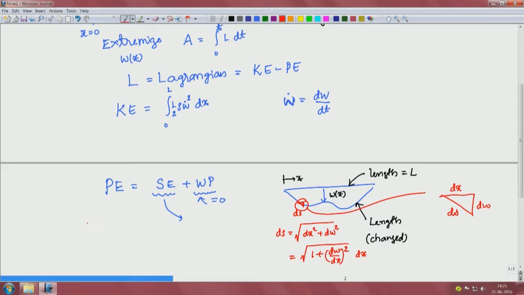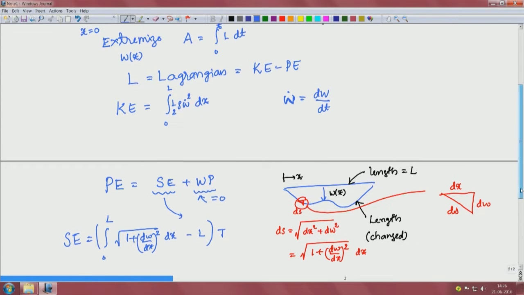So I can write my strain energy as the integral from 0 to L of the square root of 1 plus dw by dx square dx, minus L, and this whole thing I multiply by the tension T in the string. That would be the internal work or strain energy.